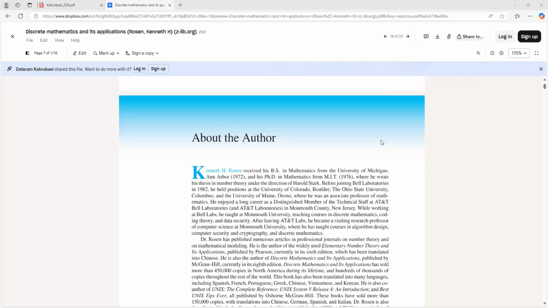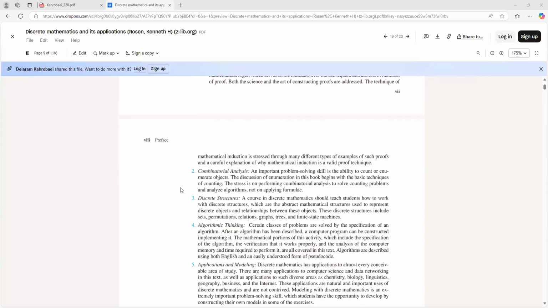So big O notation and proofs, you said, right? Yeah. All right, let's start sharing screen. It's only 23 pages.